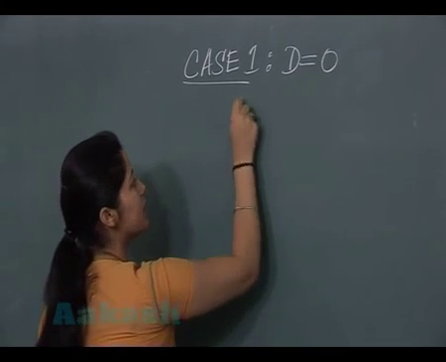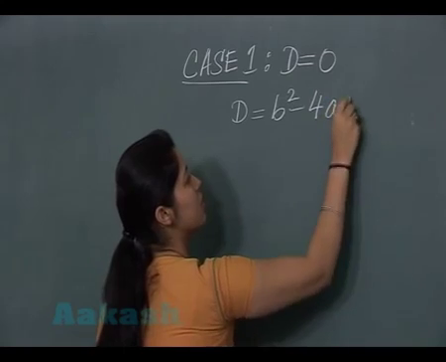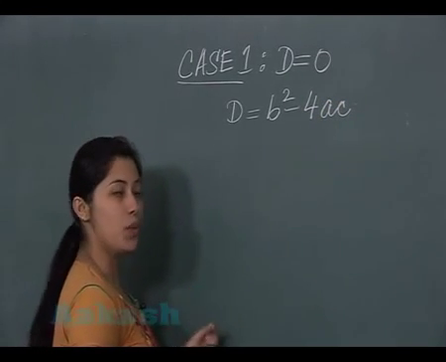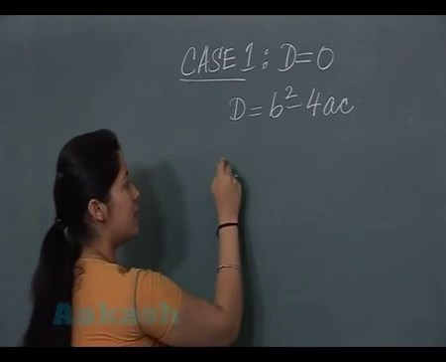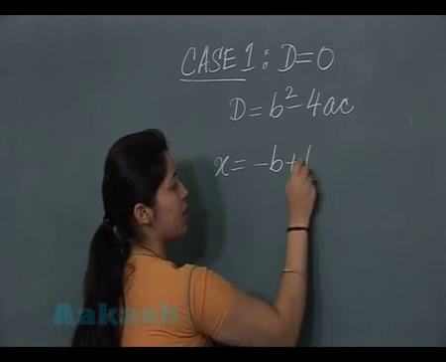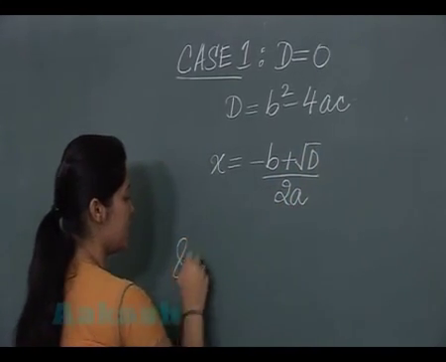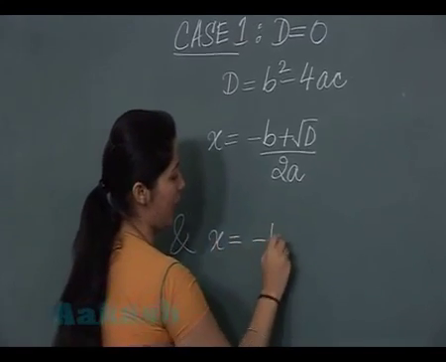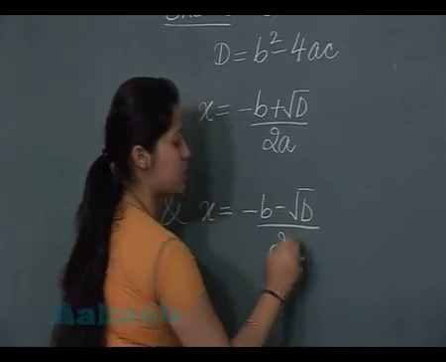Now what is D? D is b square minus 4ac, and we know that the two roots of the quadratic equation are given by x is equal to minus b plus root D upon 2a and x is equal to minus b minus root D upon 2a.